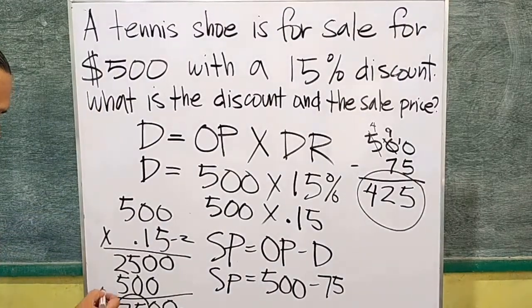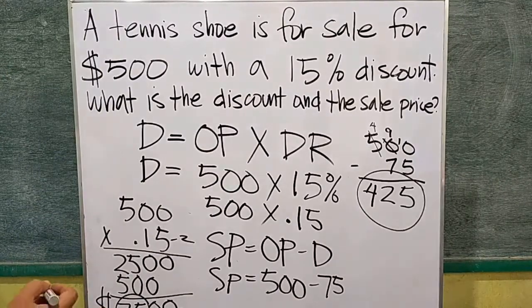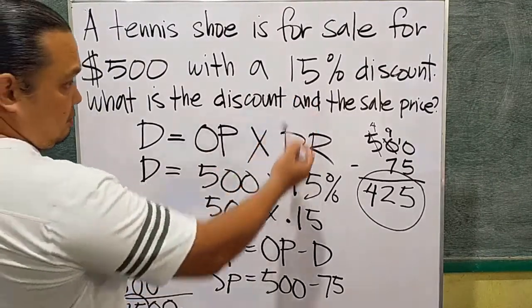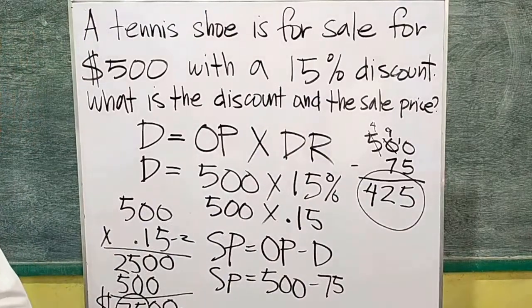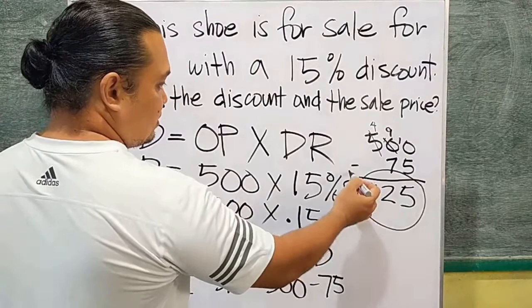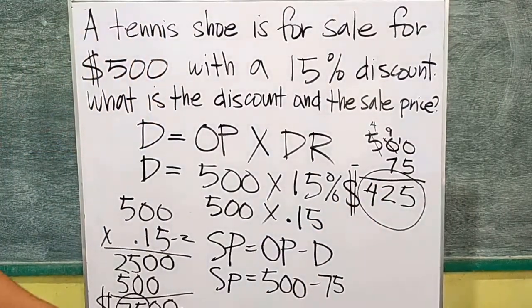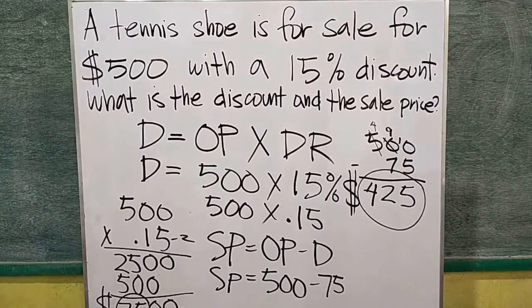Okay, that's the discount with the discount rate of 15%, and the sale price is $425, because we have deducted 75 from it.